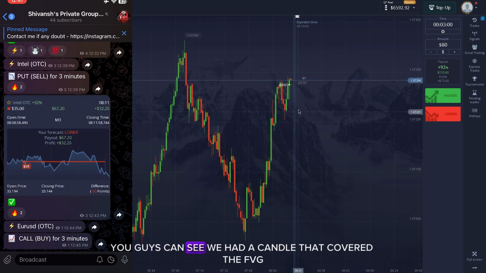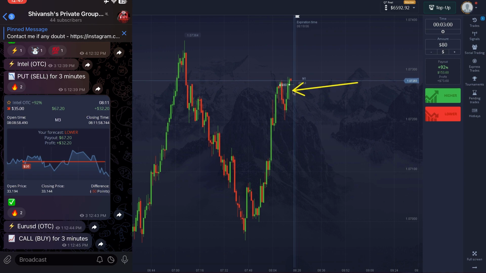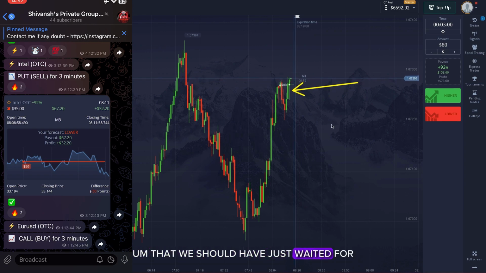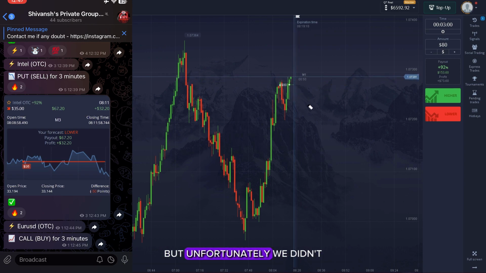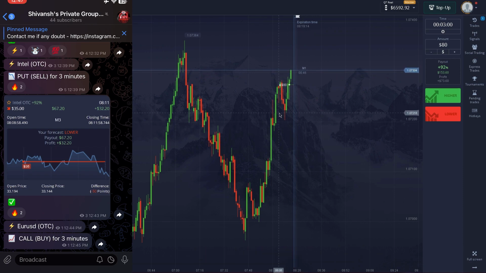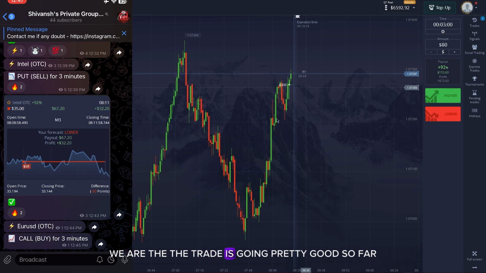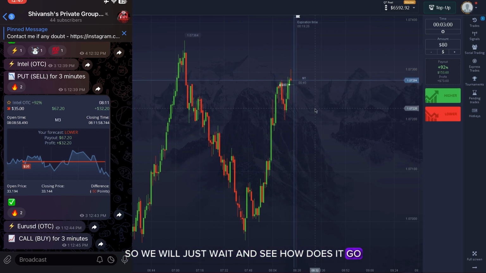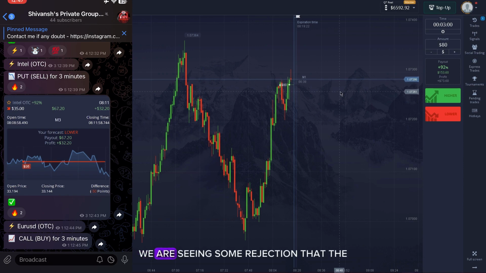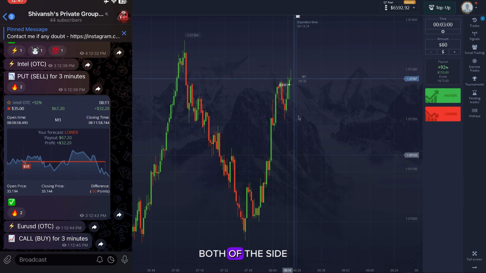As you guys can see, we had a candle that covered the FVG that we should have just waited for, but unfortunately we didn't. But as you can see, the trade is going pretty good so far. So we will just wait and see how it goes. We are seeing some rejection on both sides.